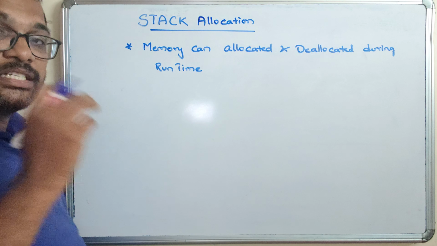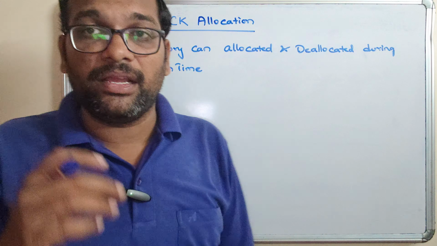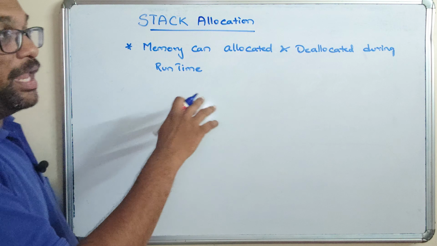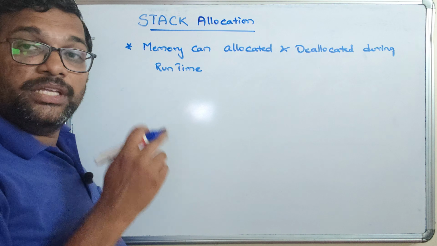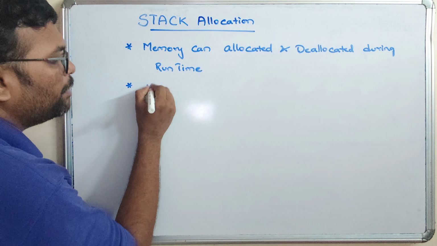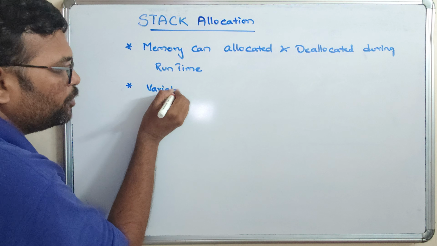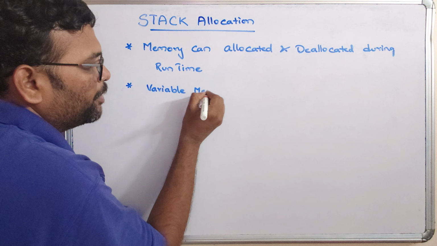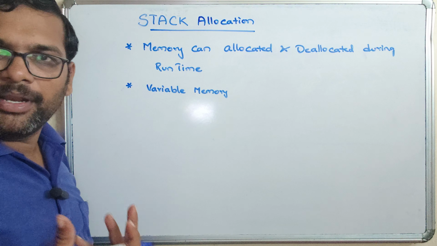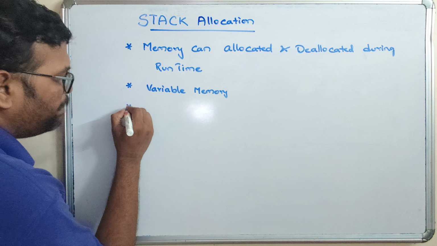Previously, in static allocation, the memory is allocated during compile time. Here the memory can be allocated and deallocated by you at runtime itself. So it is variable memory, not fixed memory.